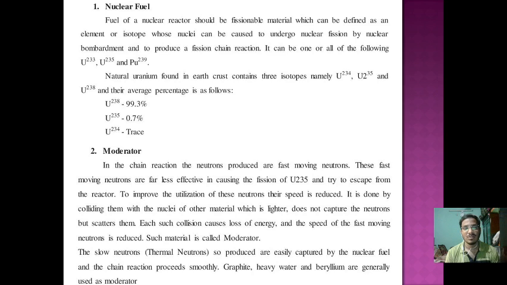Because of the materials we are using, the speed of the neutrons is reduced. As per the difficulty of causing fission with fast neutrons, we use different types of material in the reactor.